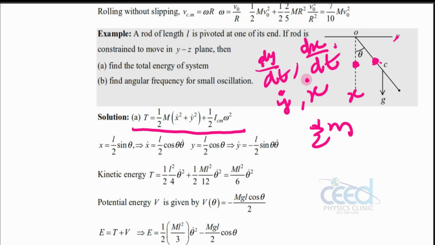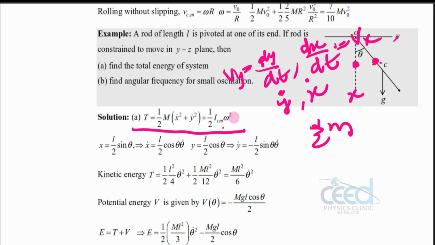So the kinetic energy is half m into vx square, that is x dot square, plus vy square, that is y dot square. Now plus half I center of mass omega square.